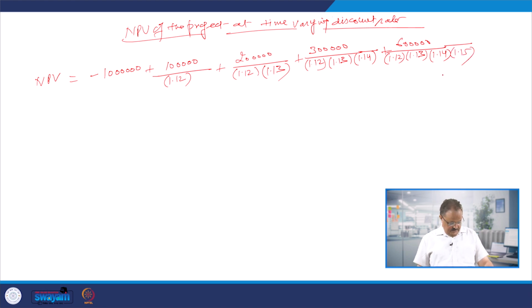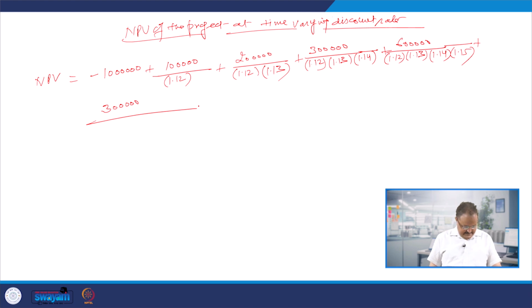This is 6 lakh plus, and the last cash flow is 3 lakh rupees. This is going to be discounted again at a time varying discount rate, and this is 1.12, 1.13, 1.14, 1.15, and last one is going to be 1.16.